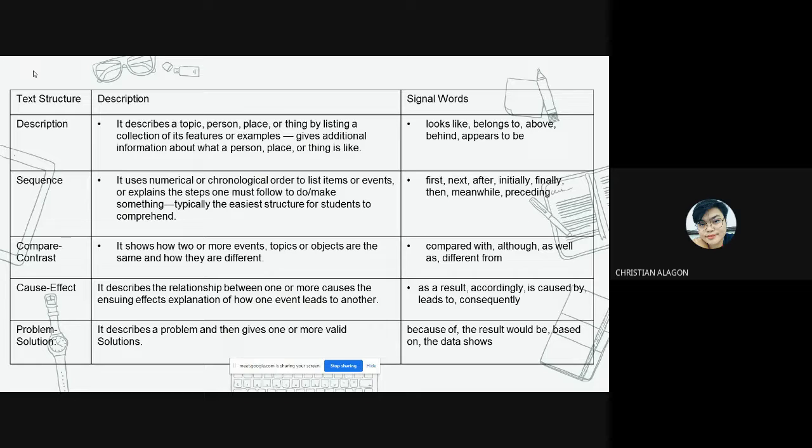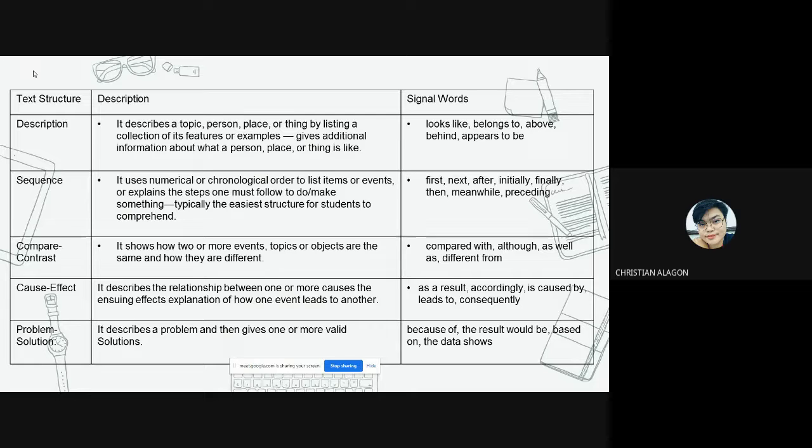It gives additional information about what a person, a place, or a thing is like. The signal words are looks like, belongs to, above, behind, appears to be. And the sequence is used in numerical or chronological order to list items or events. The signal words are first, next, after, initial, finally, then, meanwhile, and preceding.